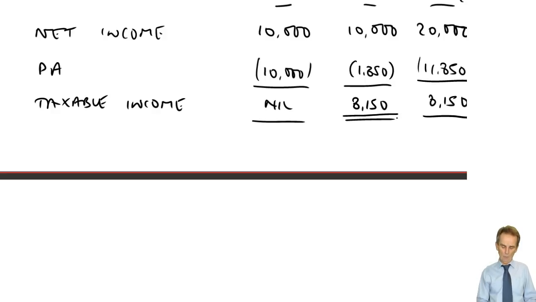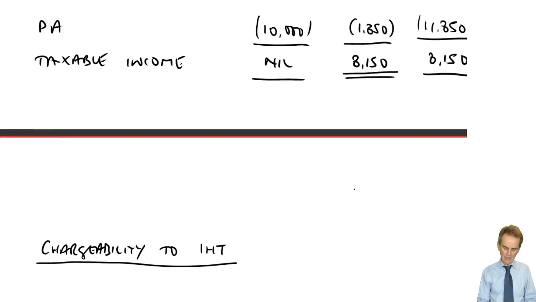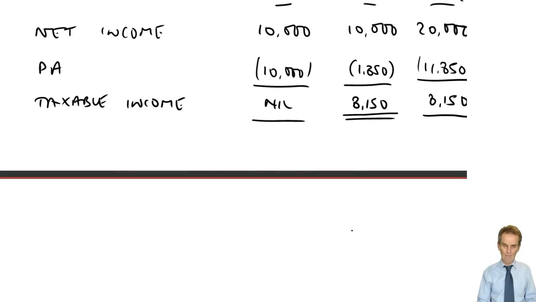So what do we look to apply first? The 0% starting rate. How much starting rate band is available? Well, have we had any part of the first £5,000 of taxable income yet taxed in terms of non-savings? No, there is no non-savings taxable income.